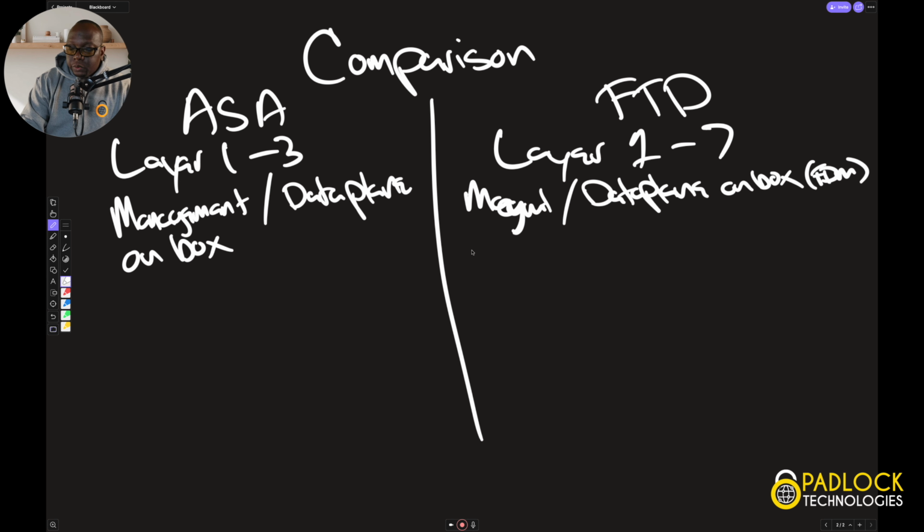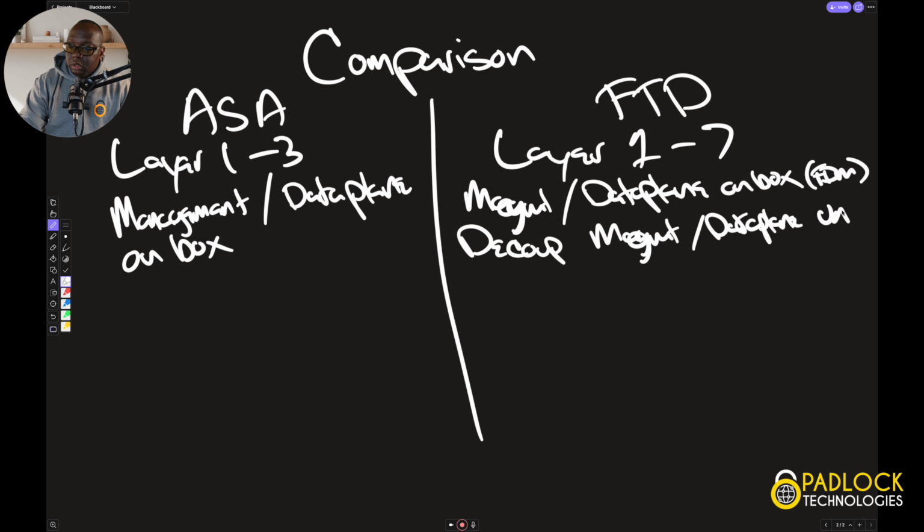But then you can decouple management from the data plane via Secure Management Console. Now, this used to be called the FMC, but they call it Secure Management Console now. So what this means is you could get the FMC or the FCM.